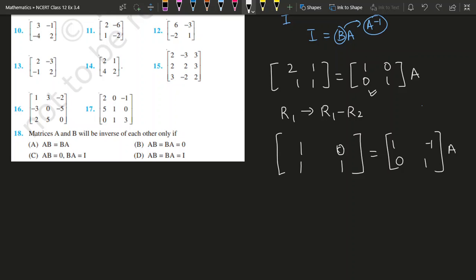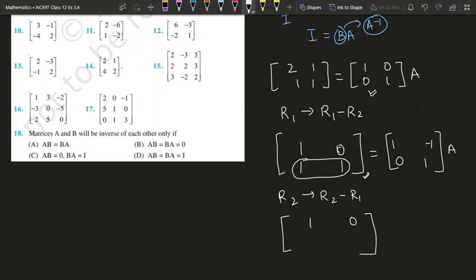Now you have to continue doing some manipulation to convert this row into the second row of the 2 by 2 identity matrix, which is 0, 1. If you look closely, doing the following operation, writing row 2 as row 2 minus row 1, row 1 in this matrix is going to be the same.